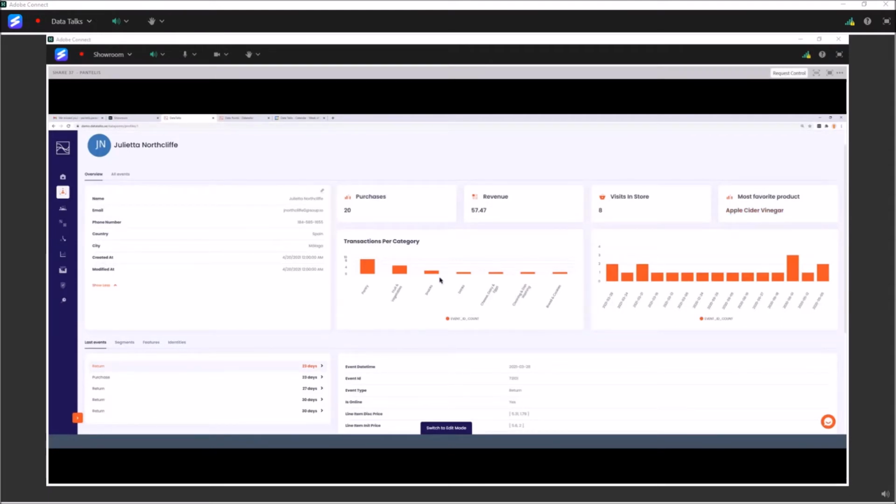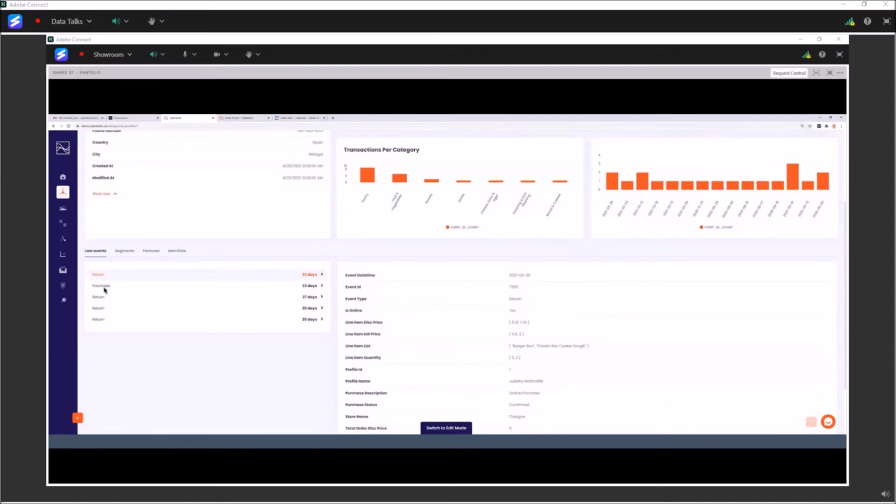And then here we can see transactions per category, and also purchases and transactions over time. So we can see that this person is very interested in pantry products, in this type of category, and then fruit and vegetables.